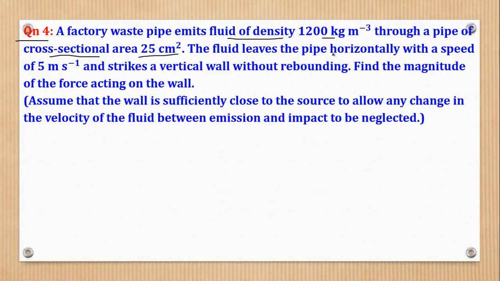The fluid leaves the pipe horizontally with a speed of 5 meters per second and strikes a vertical wall without rebounding. Find the magnitude of the force acting on the wall. Assume that the wall is sufficiently close to the source to allow any change in velocity of the fluid between emission and impact to be neglected. So neglect the change in velocity.